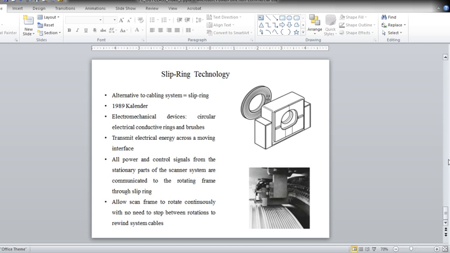The main purpose of slip ring technology in CT is to eliminate direct contact between the wires and the sources, because a lot of wires in contact would create a lot of problems. To reduce that direct contact, slip ring technology was introduced for the coming generations.